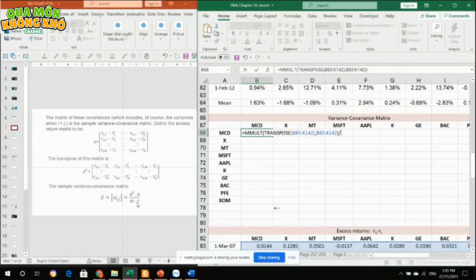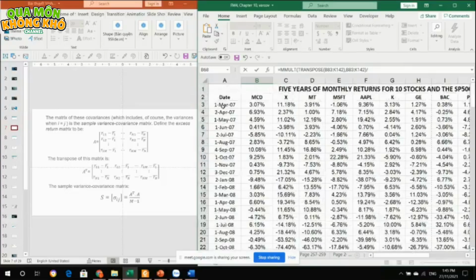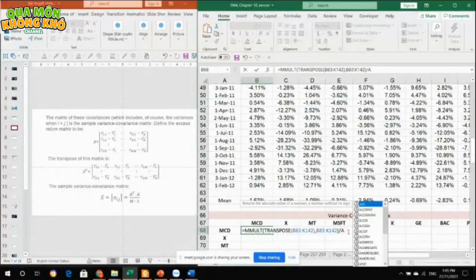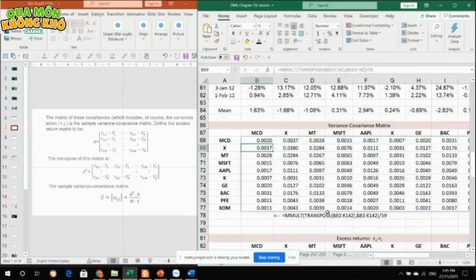In this case, m is 60 periods, as we see from 1 March to 1 February 2012. So this is 60 minus 1 is 59. And we have the variance covariance matrix.